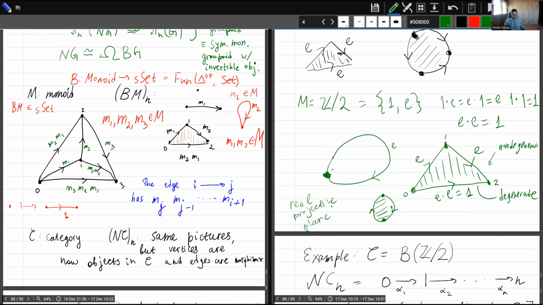The real projective plane can be obtained by gluing a disk to a circle, where the boundary of the disk is glued to the circle by going around the circle twice. I think it's called a Gun's cap or something like that, some funny name.